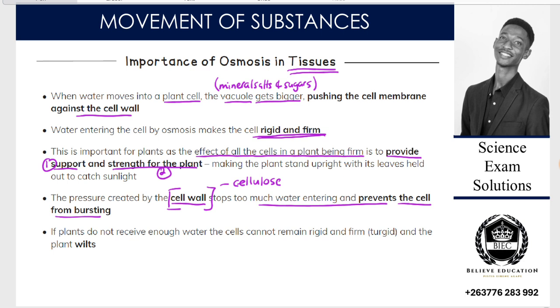That on its own prevents the cell from bursting. Because if the cell wall could not withstand that pressure, then the cell wall would burst. When it bursts, everything flows out.